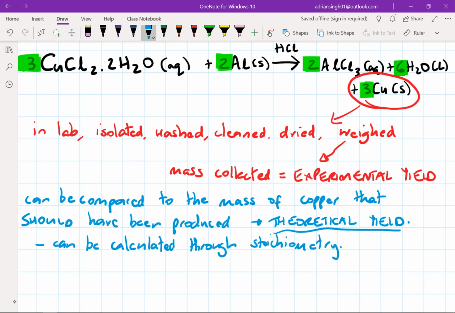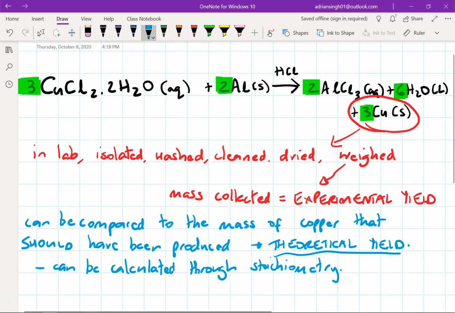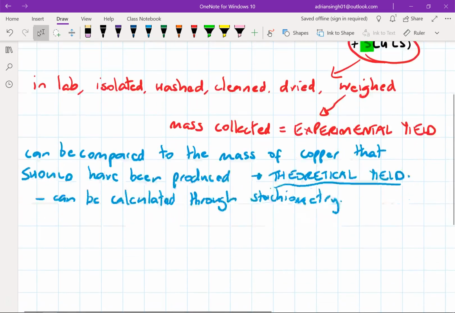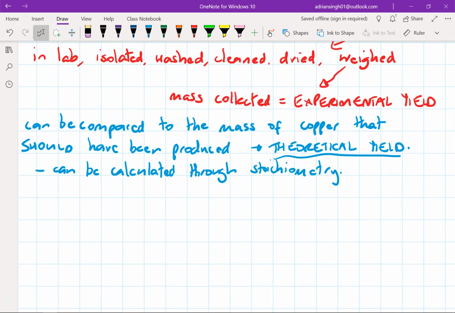So what we're going to start with is the mass of the copper chloride, the blue greenish stuff that you weighed out at the beginning. So we're going to get the mass of the copper chloride dihydrate, and that's going to be our starting point. All right, so overall what we're going to do is take the mass of the CuCl2·2H2O.